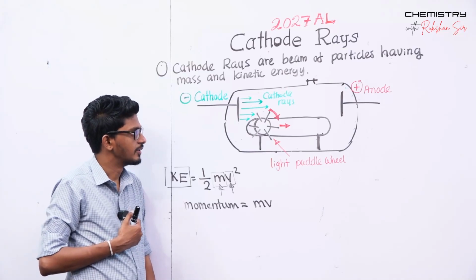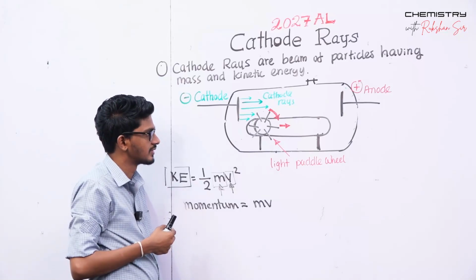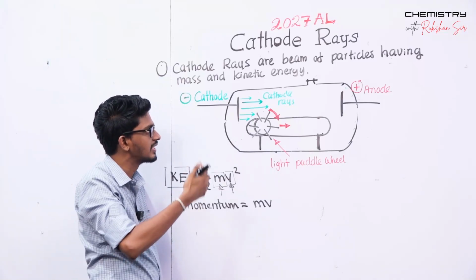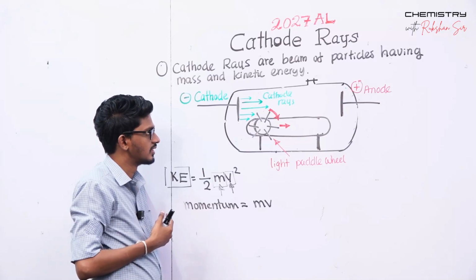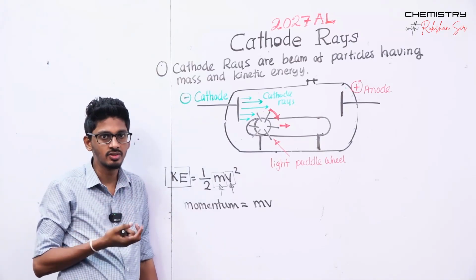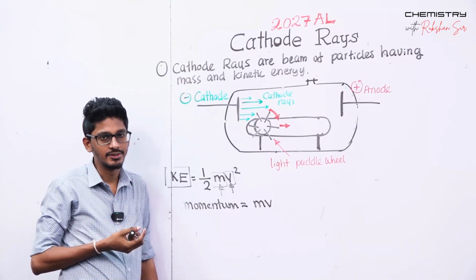Why is that? Because when very high voltage is applied, some heat will be generated. You can clearly observe that even with your light bulbs.